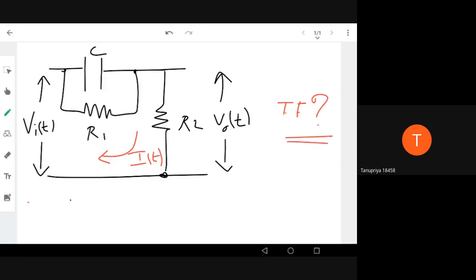Try this. I'll give you maybe 4 minutes. Please try this. You know how to do it. You know how to write the equations as differential equations, or you can directly convert into transfer functions. Based on that, you need to find Vout by Vi, a transfer function in the frequency domain or S domain. Please try this.